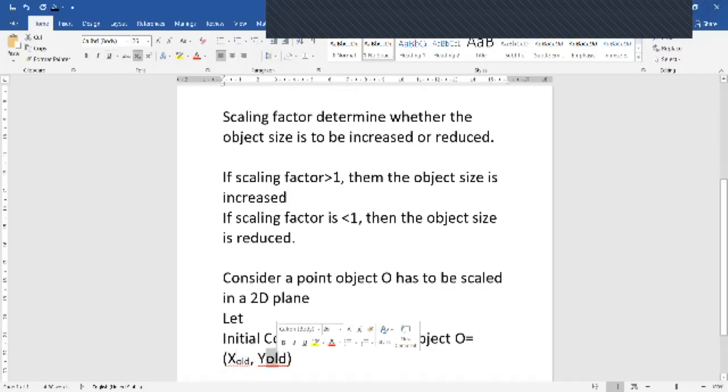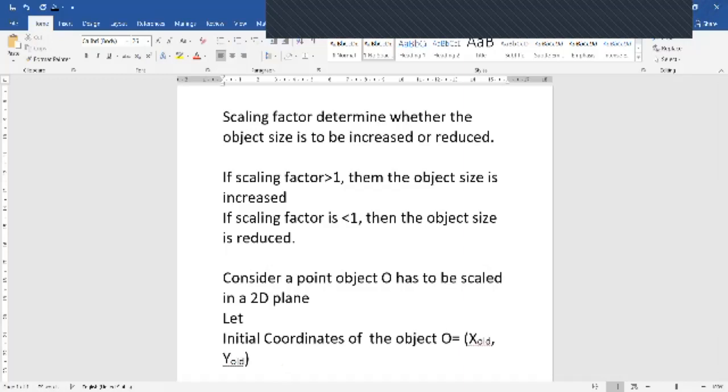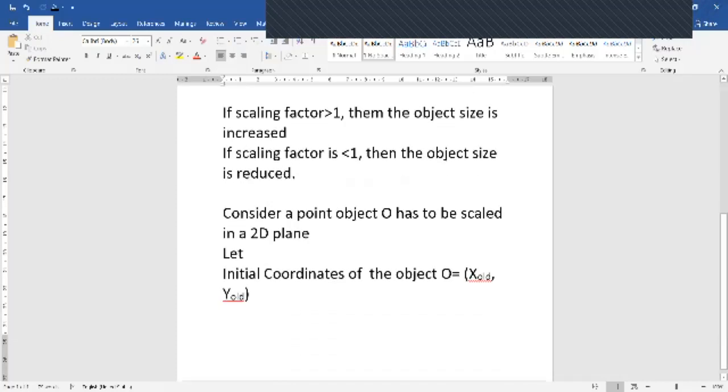So here we will find out the old and new coordinates. What was the initial coordinate of the object here? It is x and y, which I am representing with x old and y old.